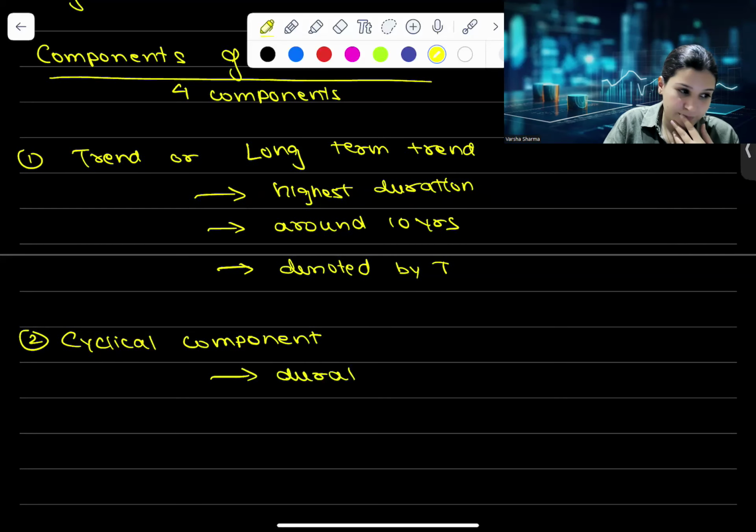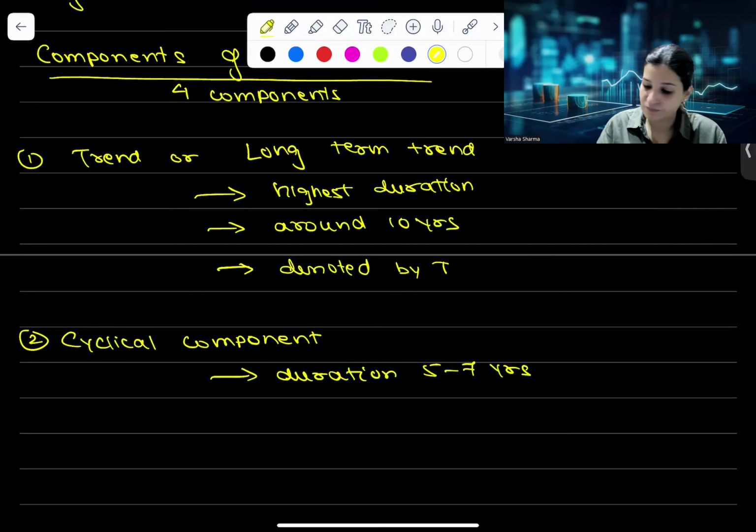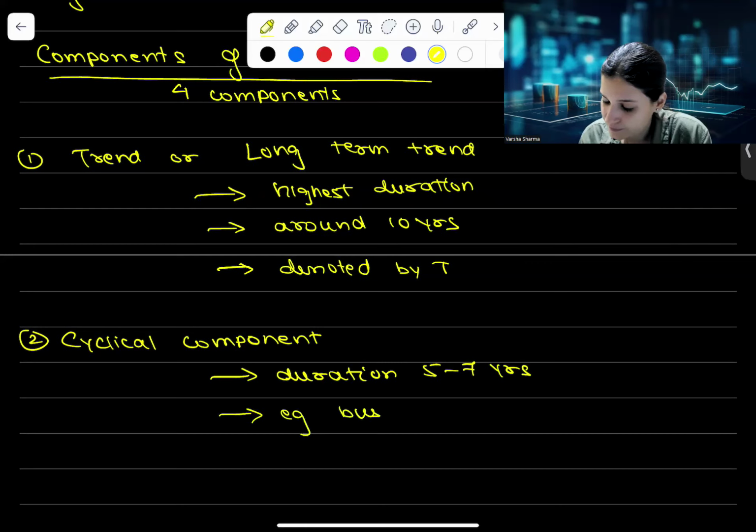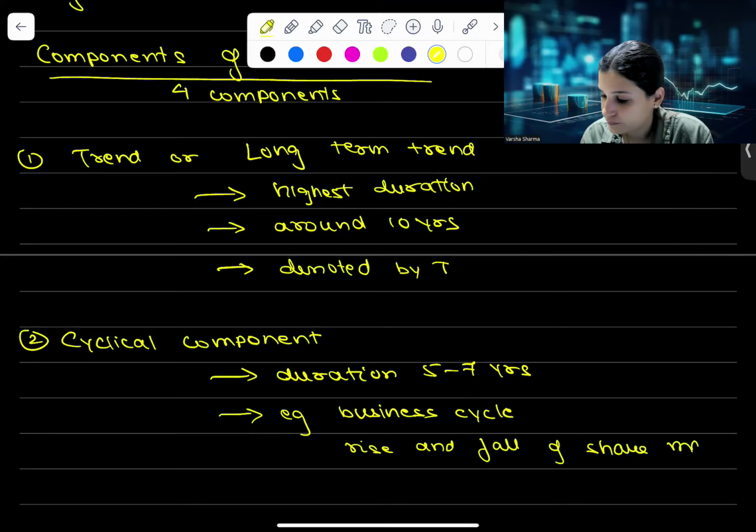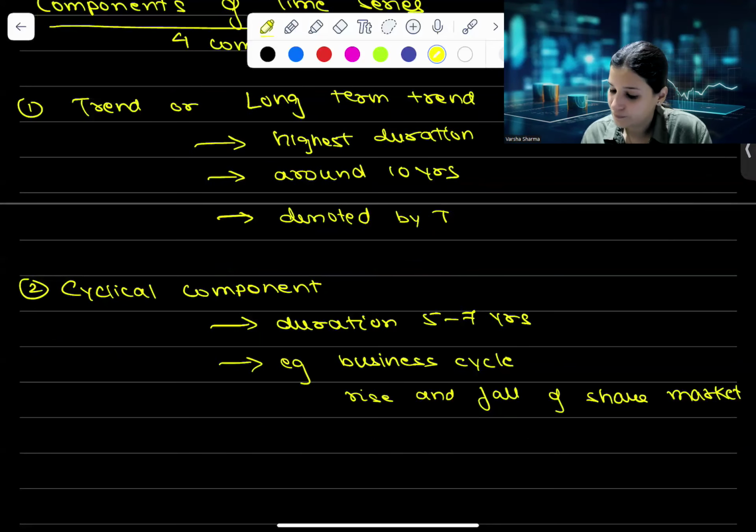Duration 5 to 7 years. Example, business cycle, rise and fall of share market. Denoted by C.